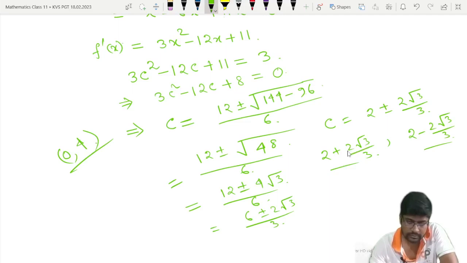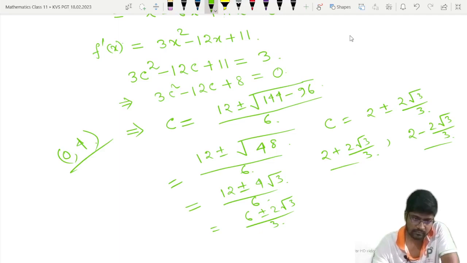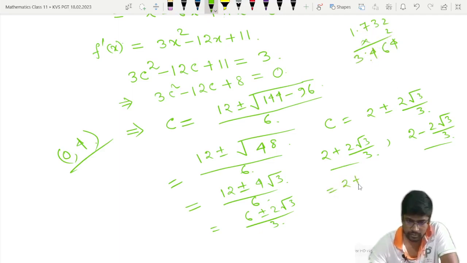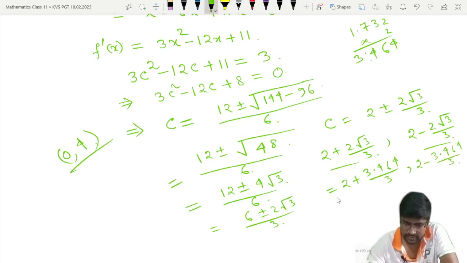So 2 into 1.732, that is 3.464. So this is the value, that means 2 plus 3.464 divided by 3, and another value will be 2 minus 3.464 divided by 3. Okay, now just divide by 3 this quantity.